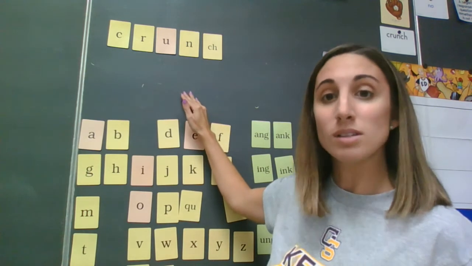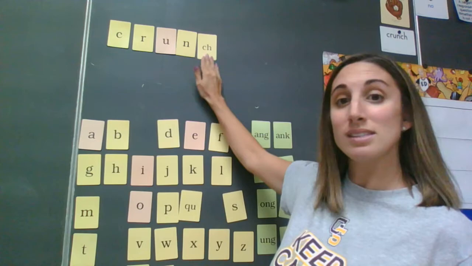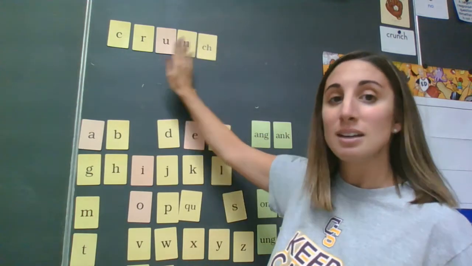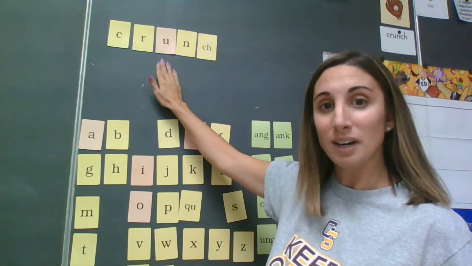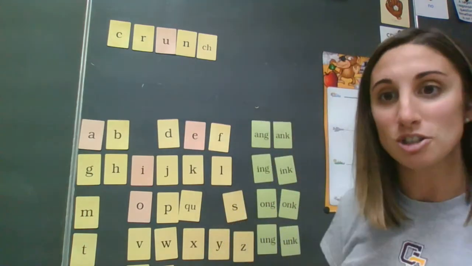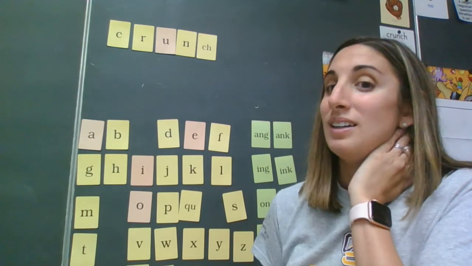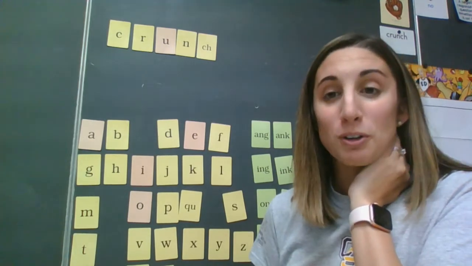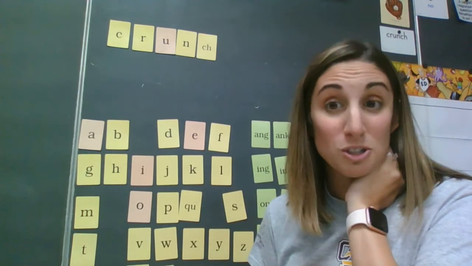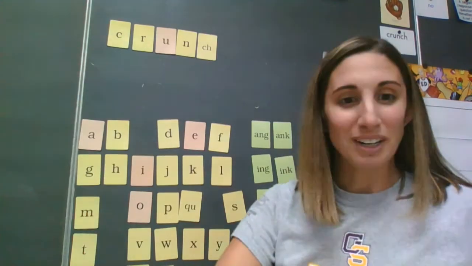A closed syllable. Excellent, because this vowel is closed in by this digraph blend at the end. Okay, can you think of a sentence using that word crunch? The pretzels crunch in my mouth as I chew on them. That could happen too. All right, nice work.